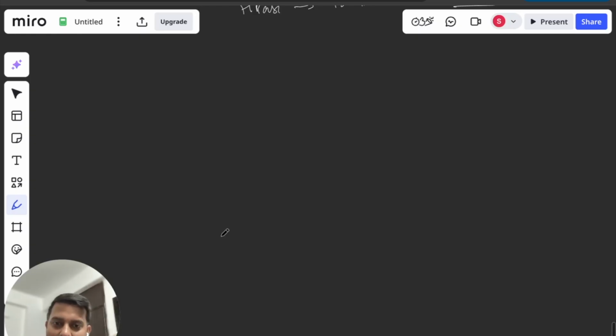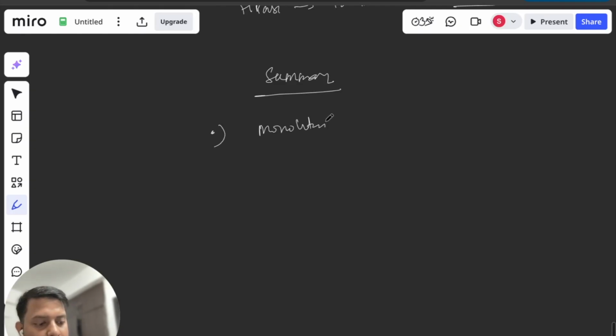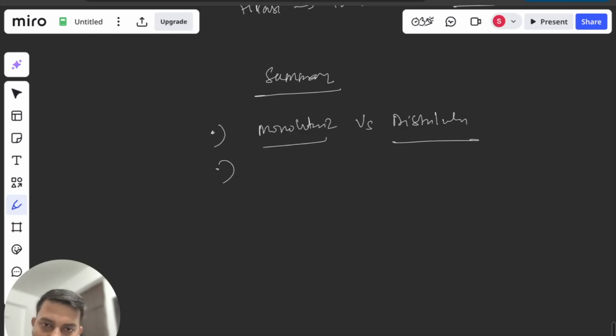So this was all about the Hadoop ecosystem. Let's summarize what we have learned. We have learned about monolithic versus distributed systems. Monolithic systems fail at big data because of vertical scaling, while distributed systems handle it with horizontal scaling.